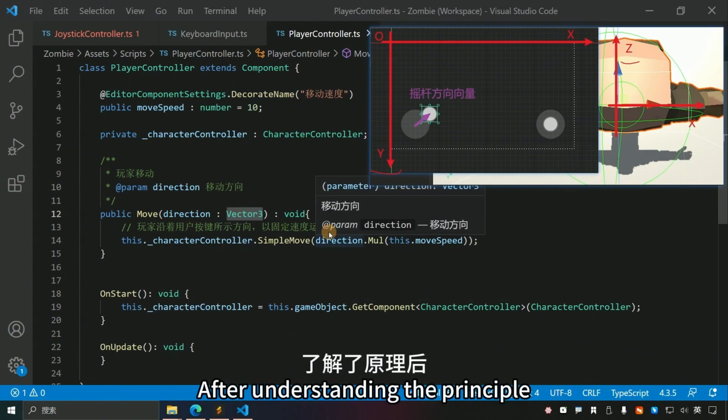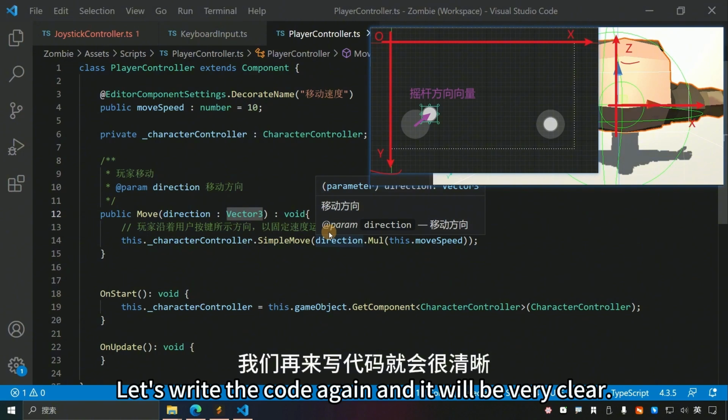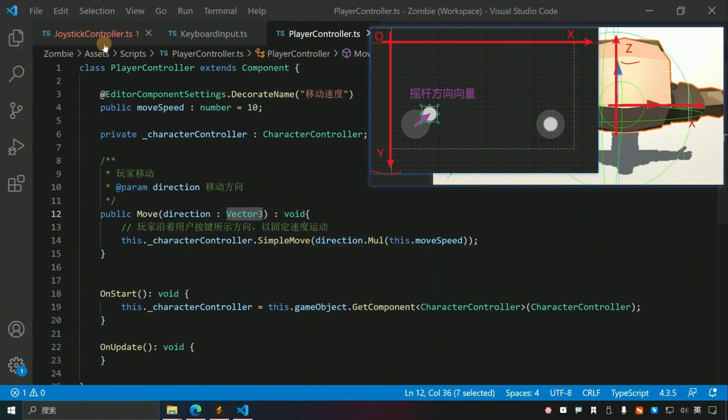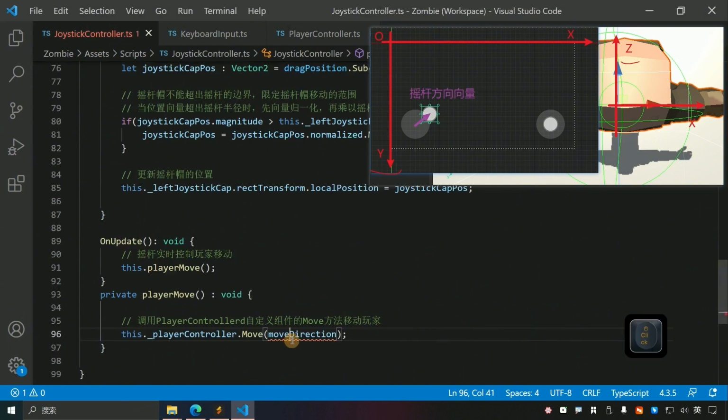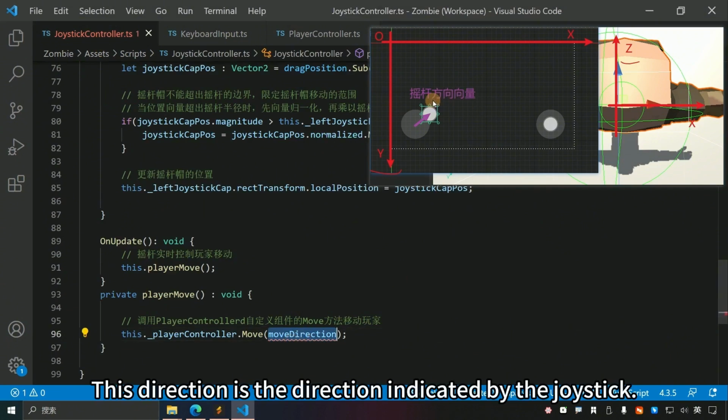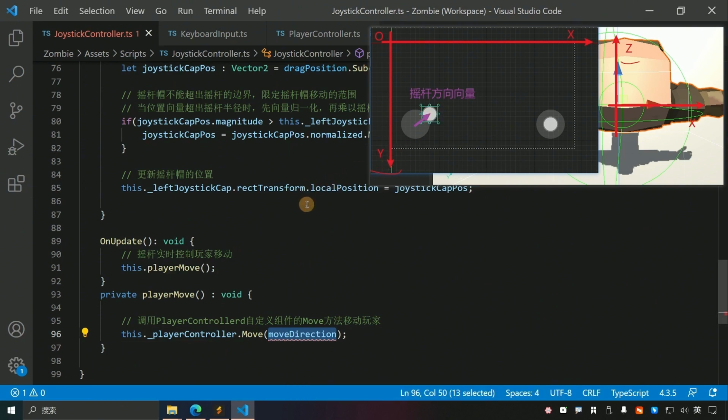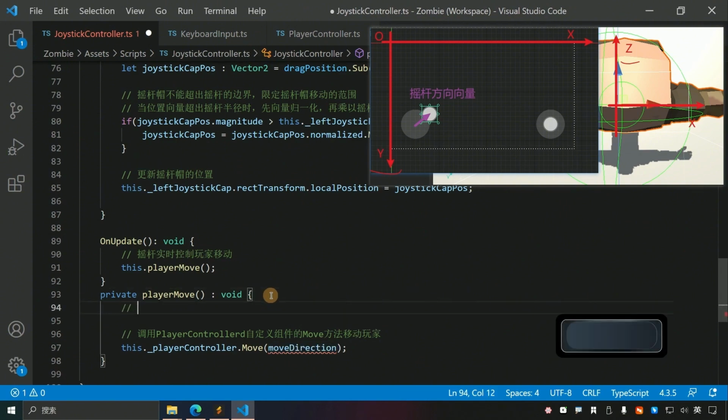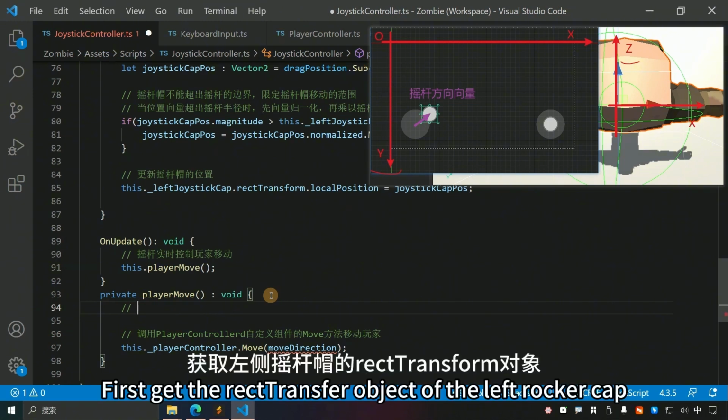After understanding the principle, let's write the code again and it will be very clear. This direction is the direction indicated by the joystick. First, get the rect transform object of the left rocker cap.